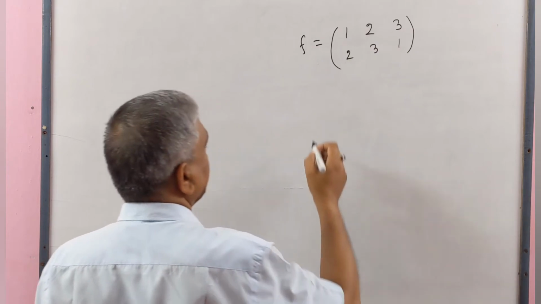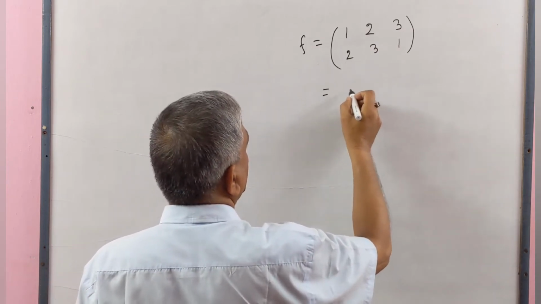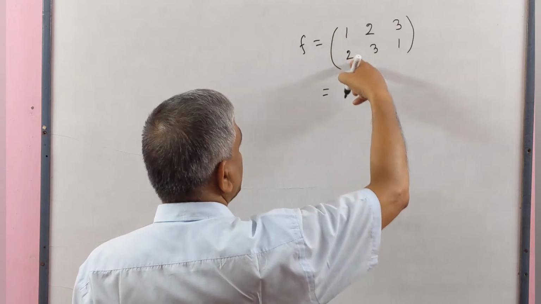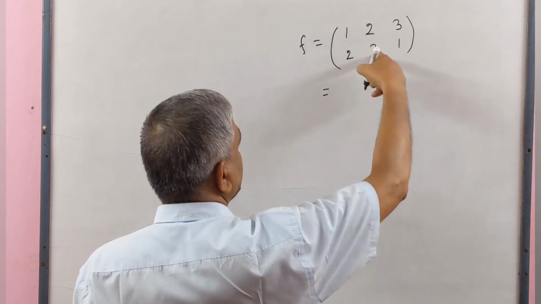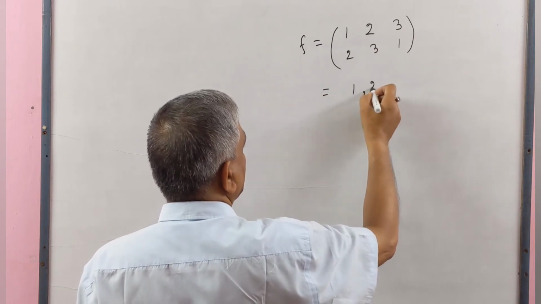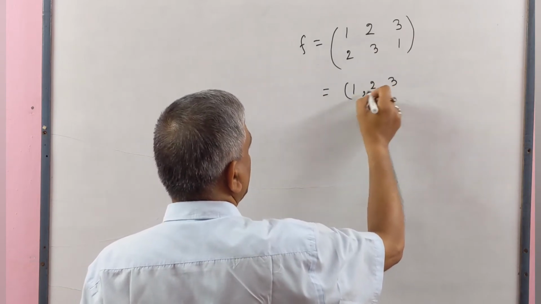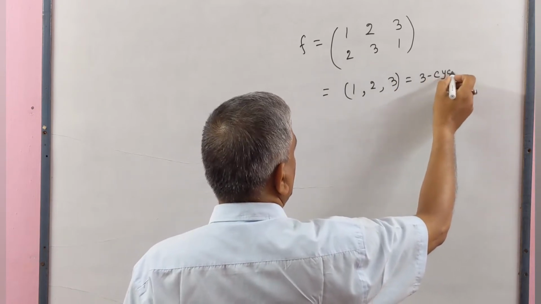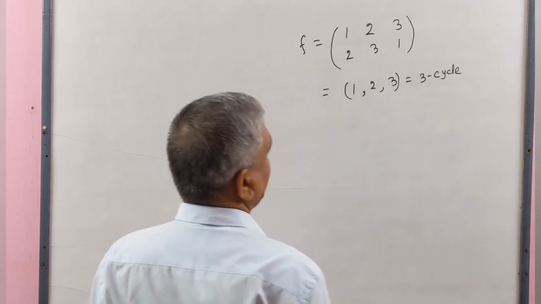We may write this as a 3 cycle: (1 2 3). This is a 3 cycle permutation.